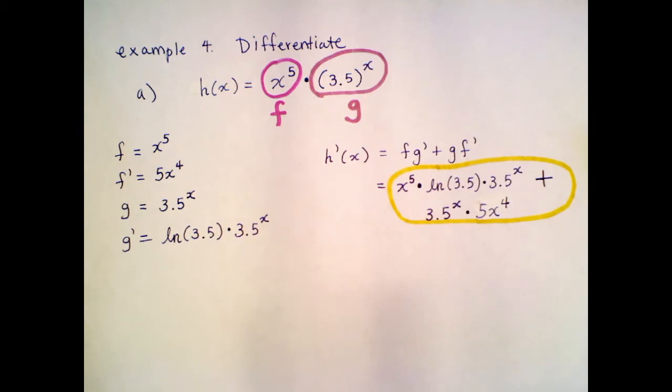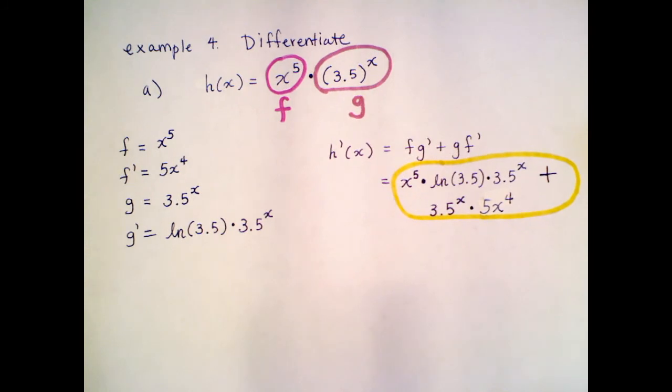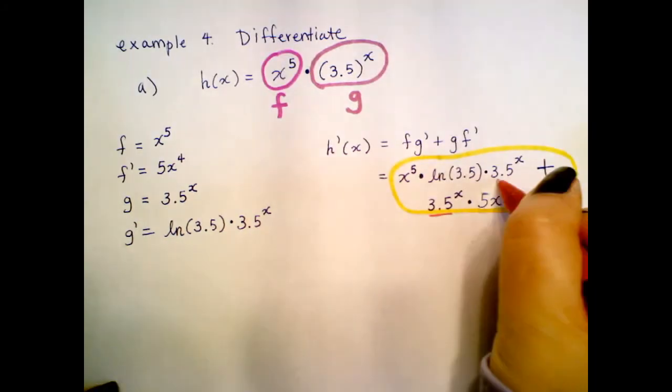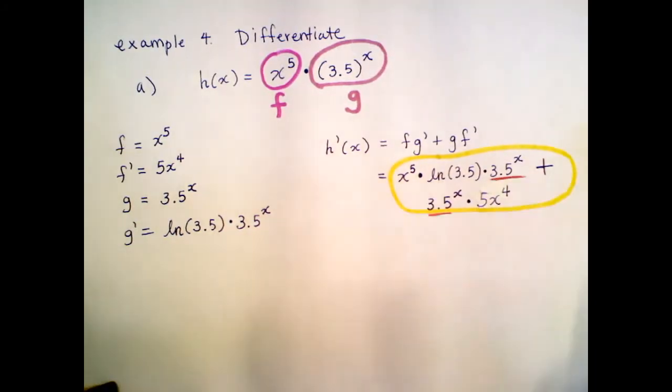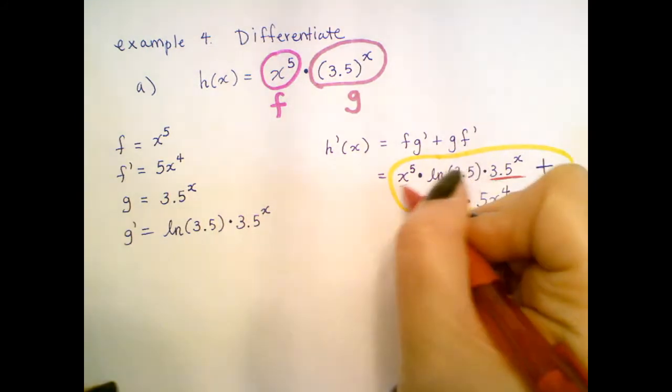Can we factor some things out and simplify that? Yeah, why not, right? We can. Would you like to try that? What can I factor out here? They both have 3.5 to the x power. And I can factor out x to the 4th from these two.